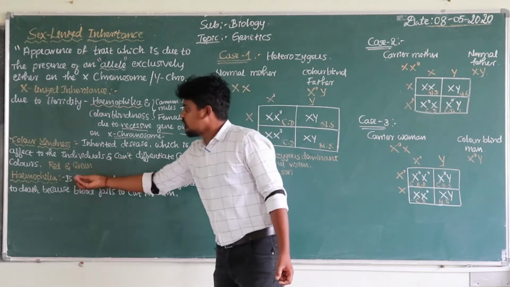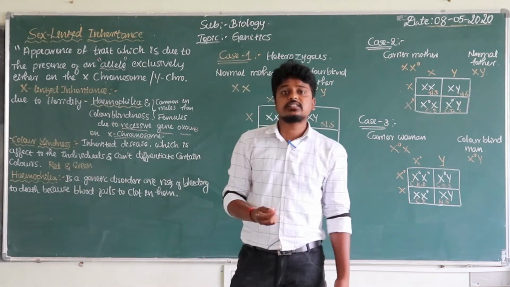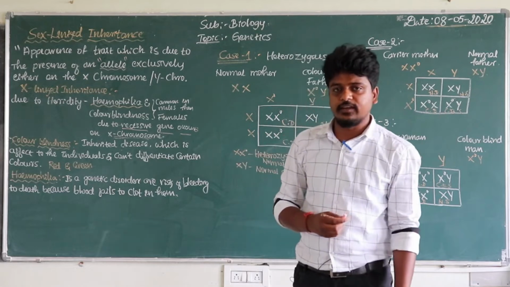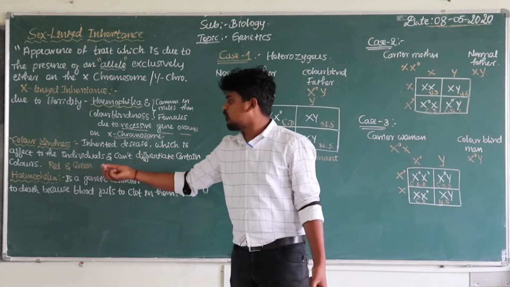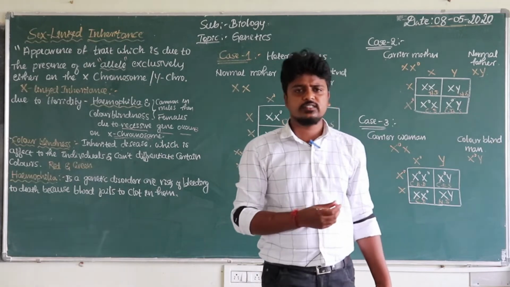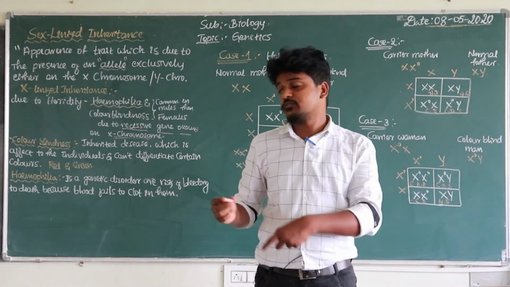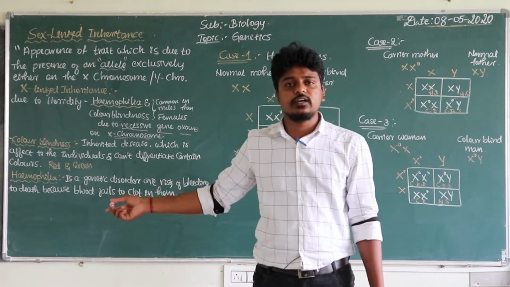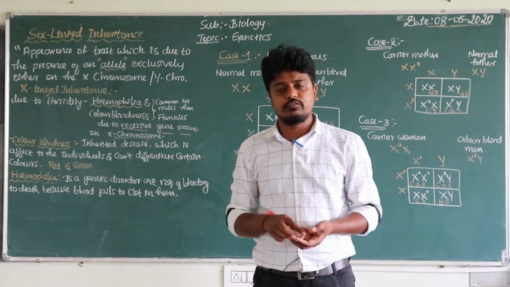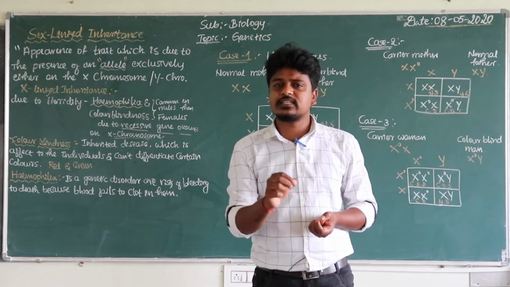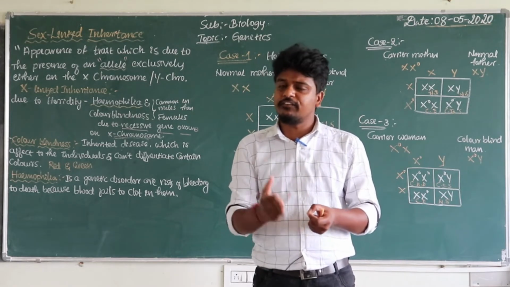And one more disease called hemophilia. Hemophilia is a genetic disease with a risk of bleeding to death. It is very rare, so that is why it is a very dangerous thing. Some people, if they meet with an accident, or even minor accidents or minor injuries, once the blood starts bleeding, it is very difficult.